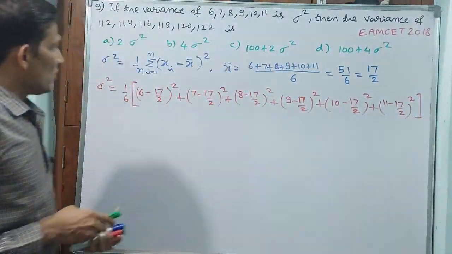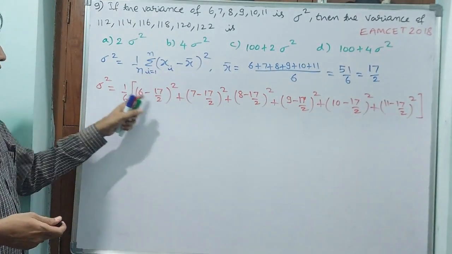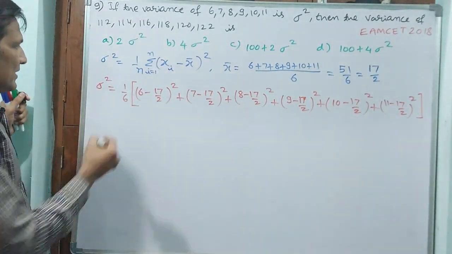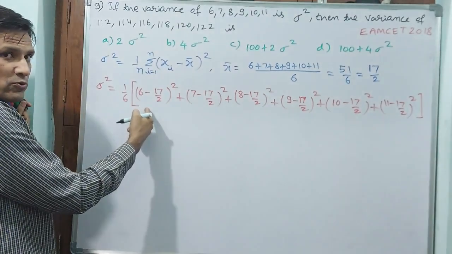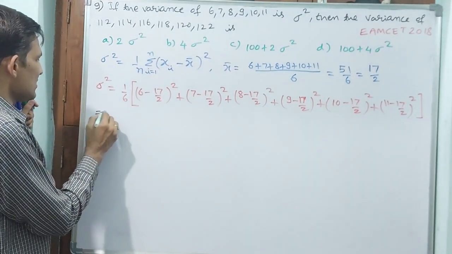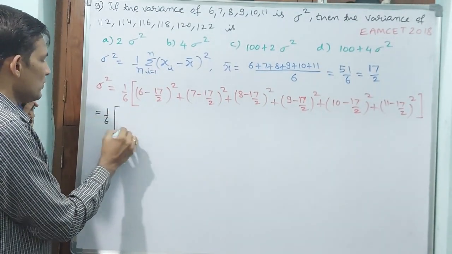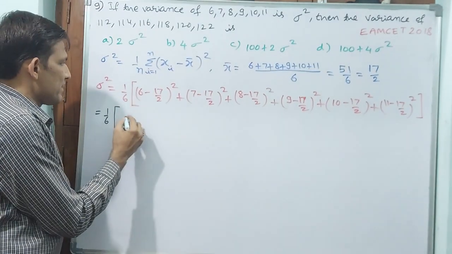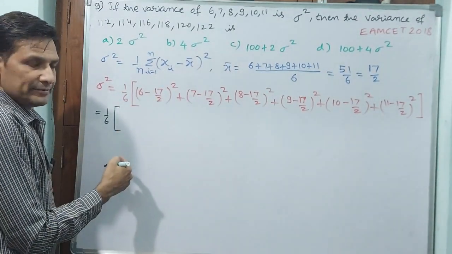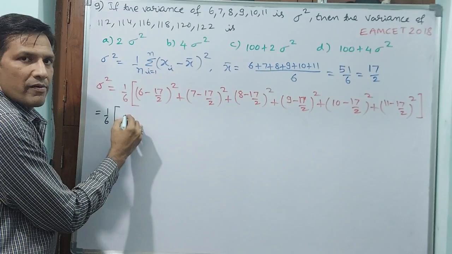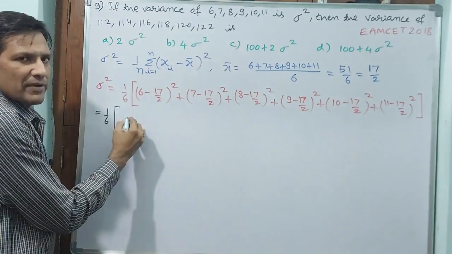Now see, internally first we do 12 minus 17, then divided by 2. That is equal to 1 by 6 into, 12 minus 17, minus 5 will come.